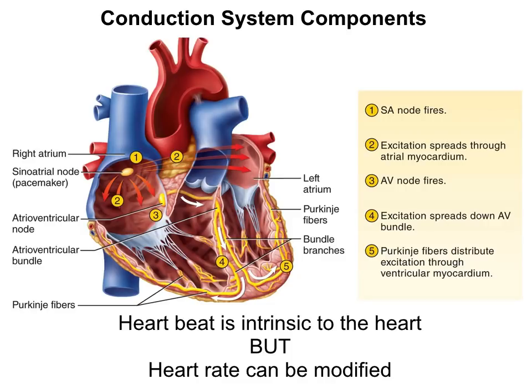However, heart rate, which is the speed of your cardiac cycles, can be modified. And it's modified through the actions of your autonomic nervous system. It's also modified through the actions of various hormones. And you'll learn about how this works in the last module, Module 6, on this chapter.